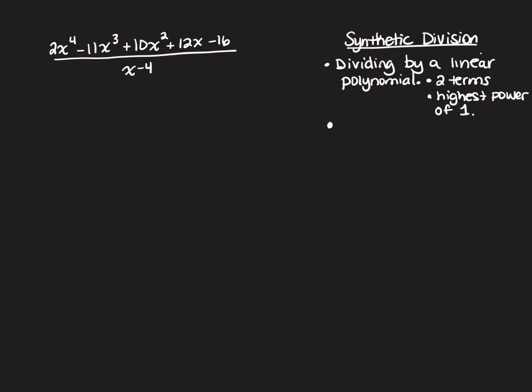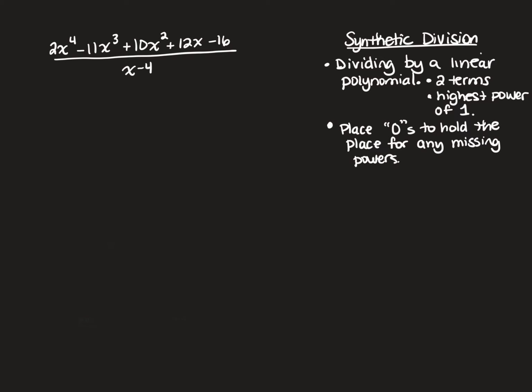So you have to make sure that every power is represented from your highest power down to your constant term. So you're going to want to place zeros to hold the place for any missing powers.